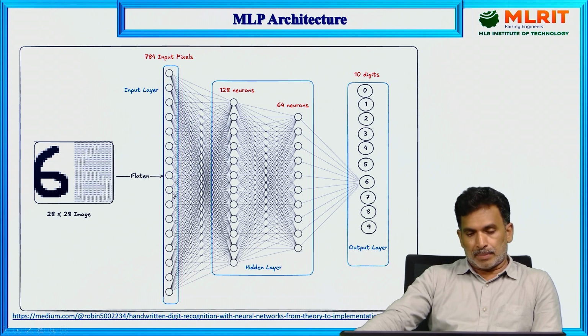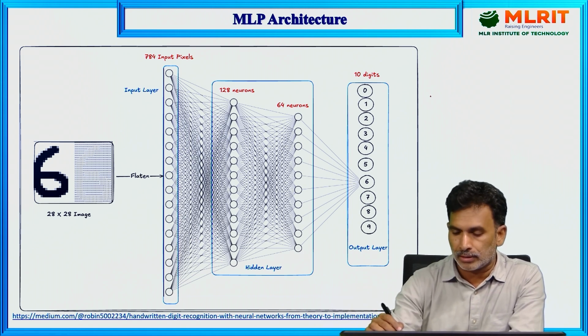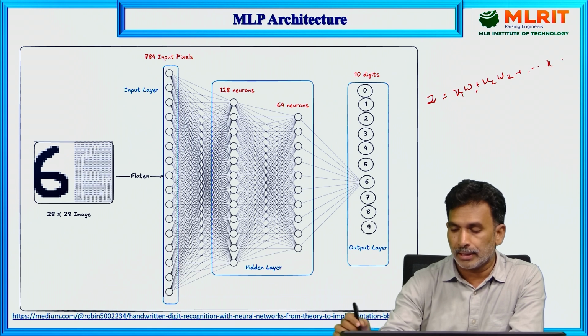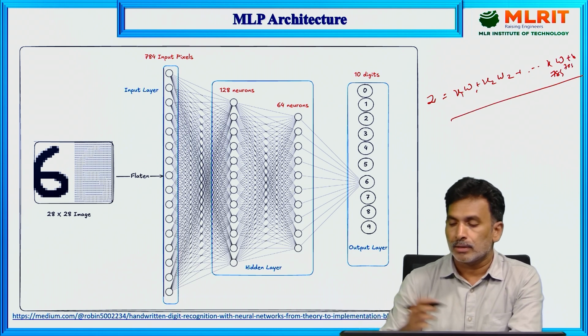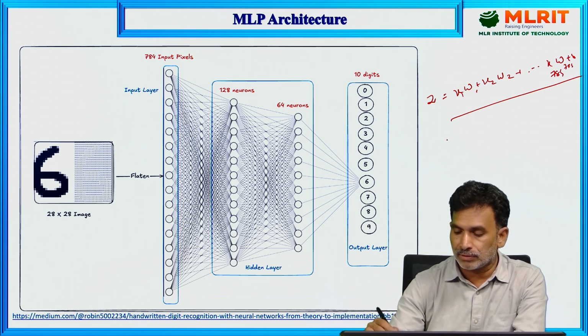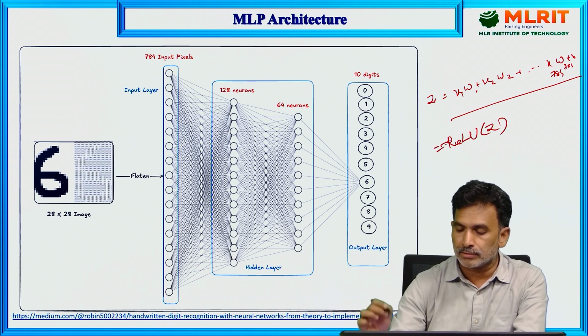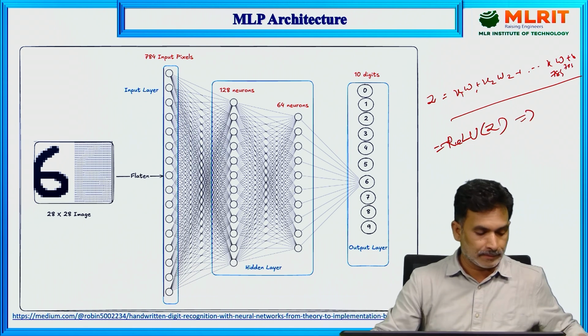For each neuron, we have to calculate x1 w1 plus x2 w2, and so on up to x784 w784, plus bias. For each neuron we calculate this value, and it is given as input to the activation function. For example, with the ReLU activation function, it produces the respective output.